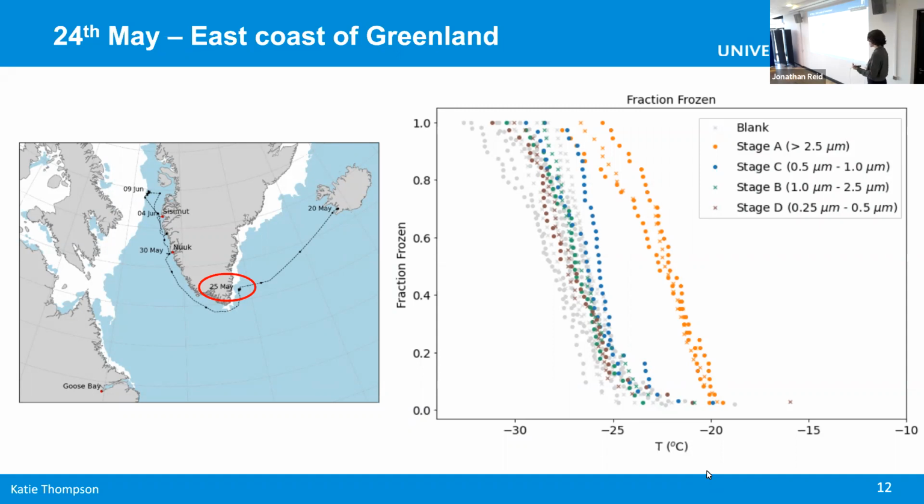So maybe it's large particles that are important. And this was, as I say, at this very first stop, which from some preliminary looks at back trajectories, we're able to see that there was quite a lot of the air coming straight off of Greenland, so potentially a terrestrial source there.